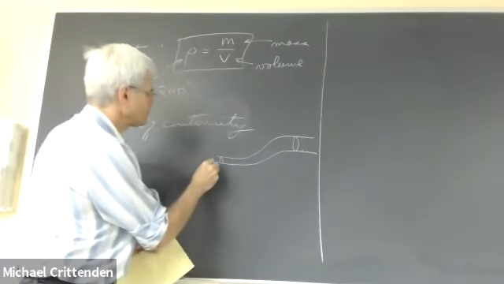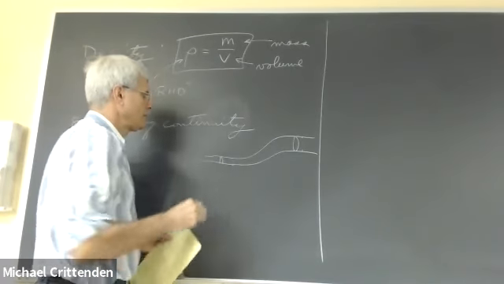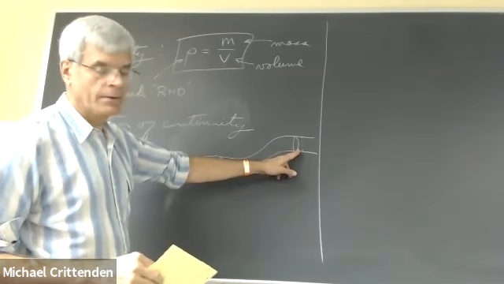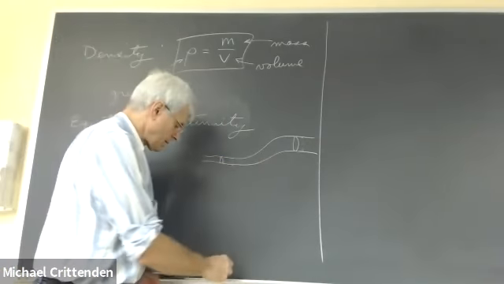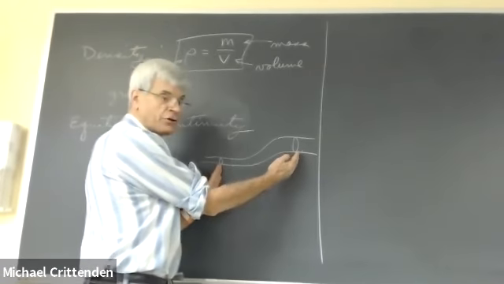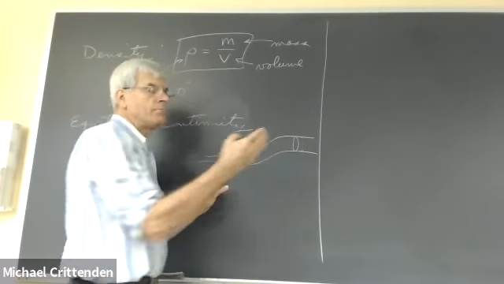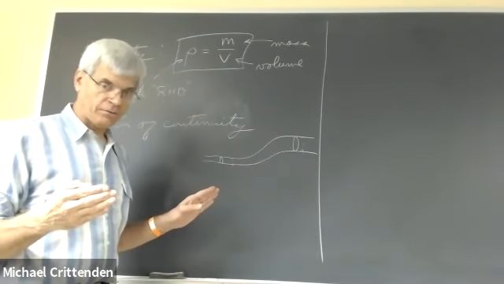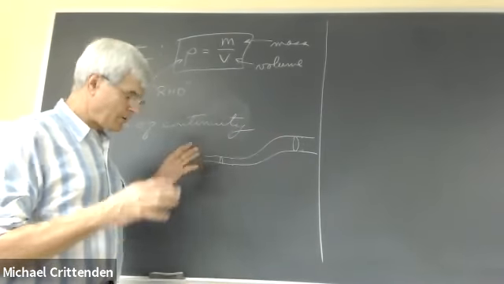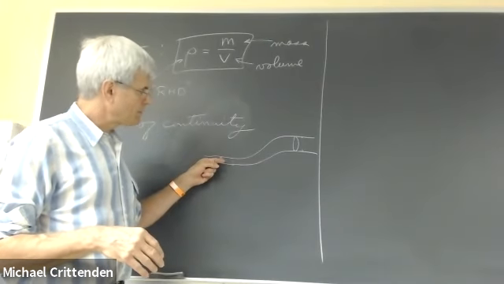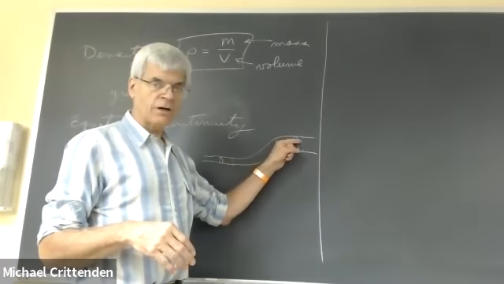So you've got this piece of pipe, and we're interested in comparing what's going on here to what's going on here. If you consider the section of pipe between those 2 points, because the fluid is incompressible, the volume that goes into the one end has to equal the volume coming out of the other end.